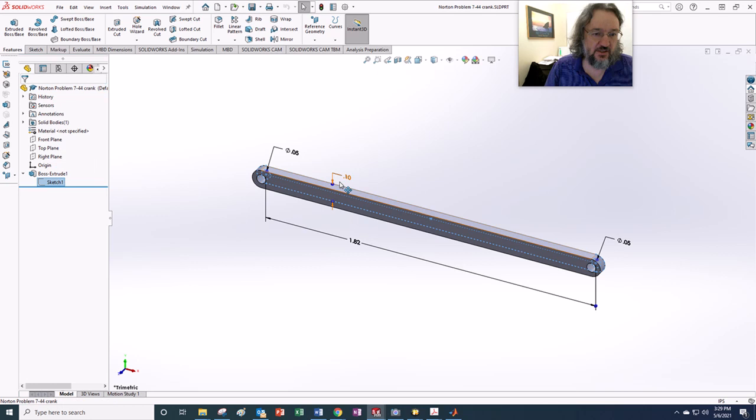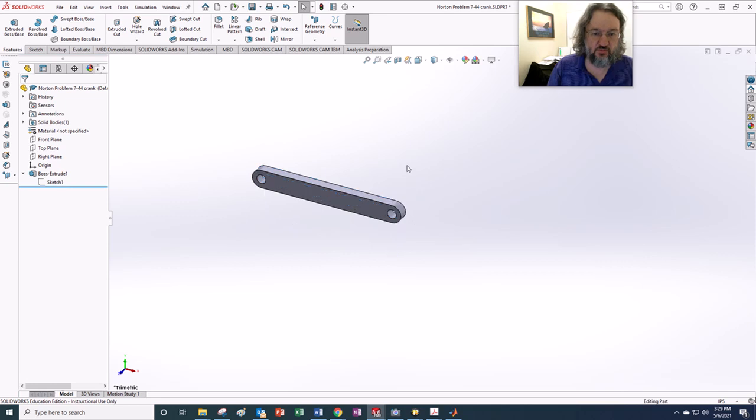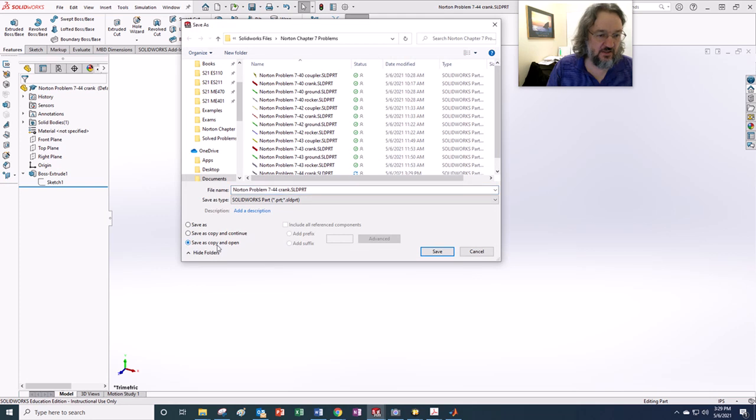So we'll change this and change that distance to 0.72. Boom. And we'll save. And then save as. Make sure we click on save as and open. And let's do the rocker next.